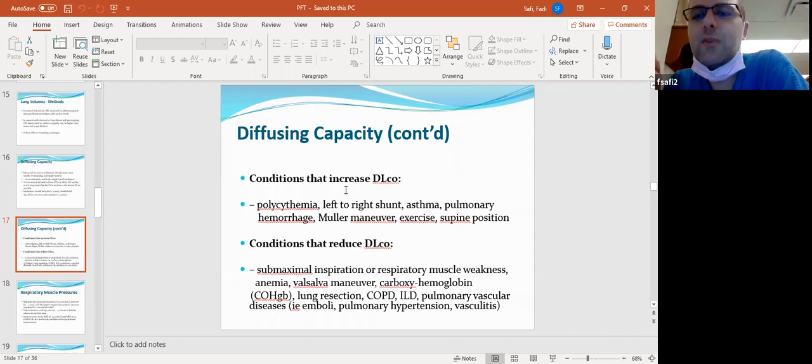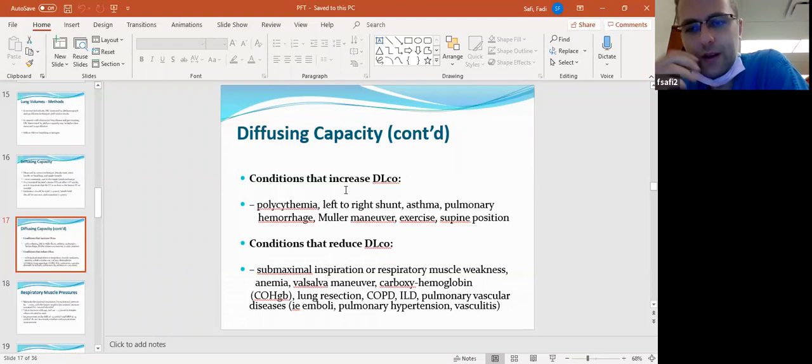Left to right shunt, same thing. You have a large volume circulation. When you have a large volume circulation, there is a huge amount of blood that goes to the alveoli, and that blood will actively extract the carbon monoxide and cause the DLCO to go high.